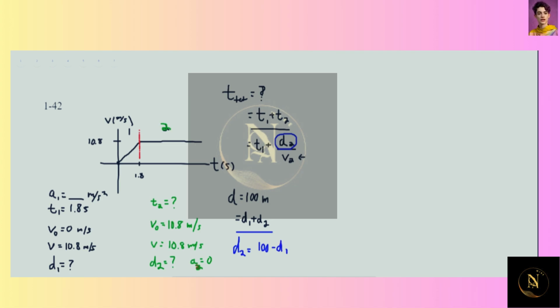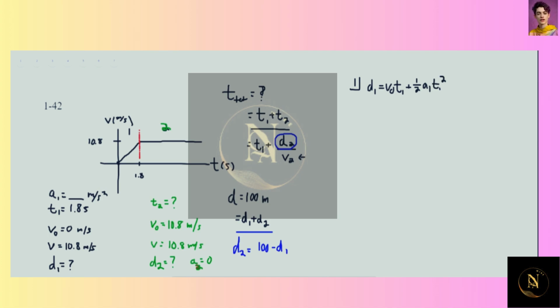Okay, how do we solve for D1? We're given information that can help us determine that. So for segment 1, solving for D1, distance 1 can be represented as initial velocity times time for segment 1, plus 1/2 A1 times T1 squared.